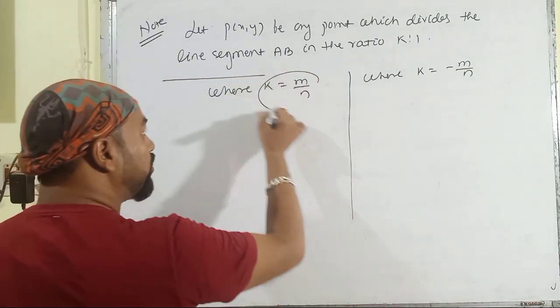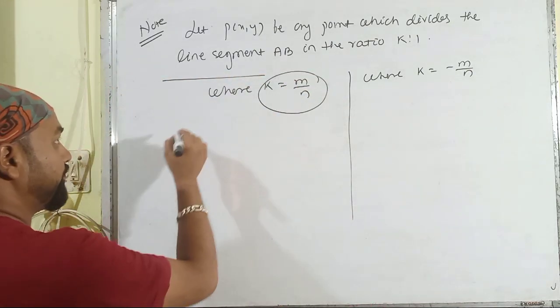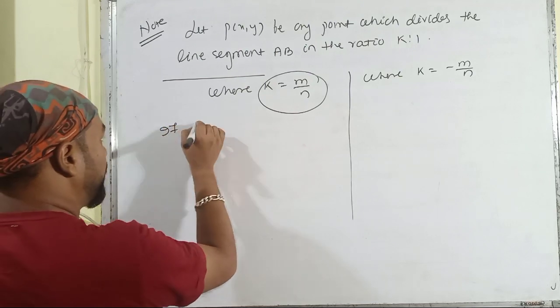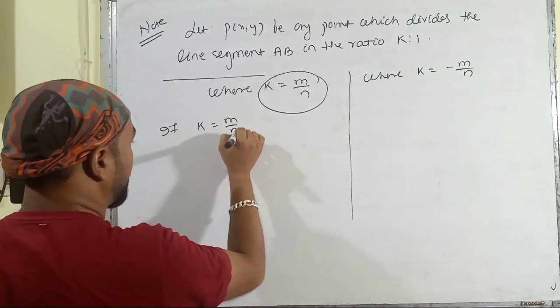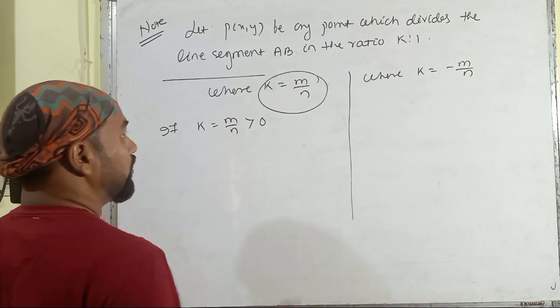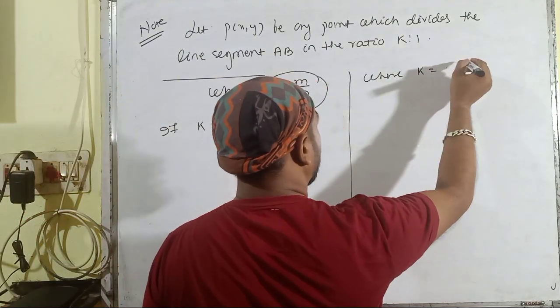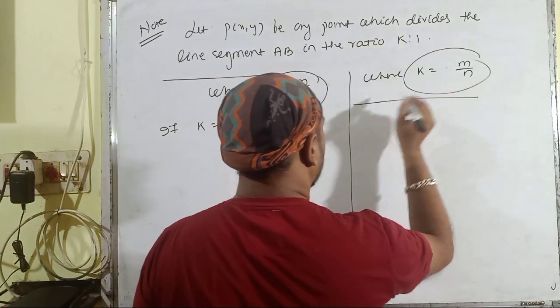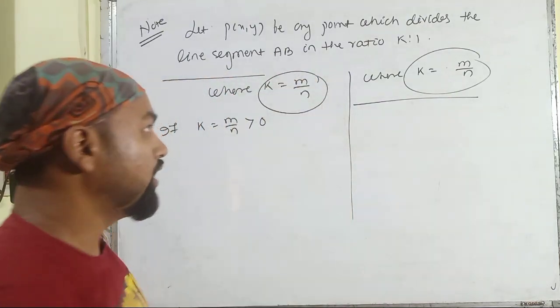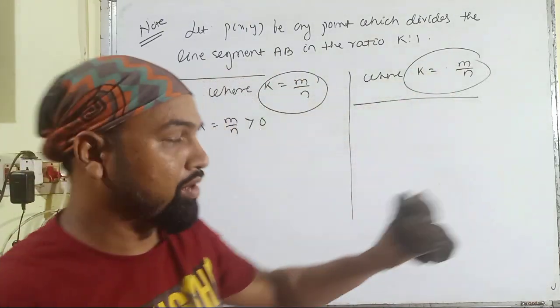If k is equal to m by n, here k is equal to m upon n, and here also k is equal to m upon n.